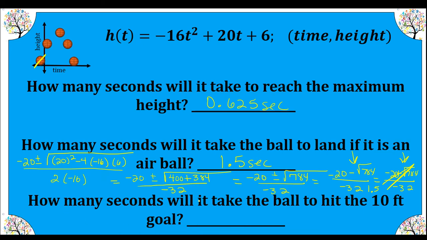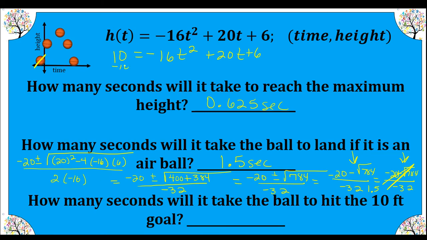Okay, how many seconds will it take the ball to hit the 10-foot goal? So we want to know at 10 feet, how many seconds will it take? We're going to use the quadratic formula again, but remember, when you use the quadratic formula, our equation must be set equal to 0 because we're looking for the x-intercept.